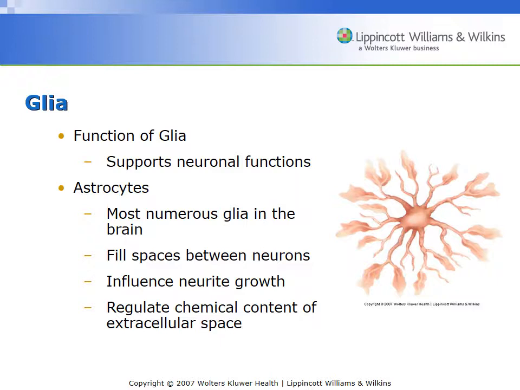They can control cell growth, neuronal growth. They can regulate chemical content of extracellular space. Astrocytes can envelop synaptic junctions in the brain and restrict the diffusion of neurotransmitters. They can remove neurotransmitters that have been released outside of the cleft.